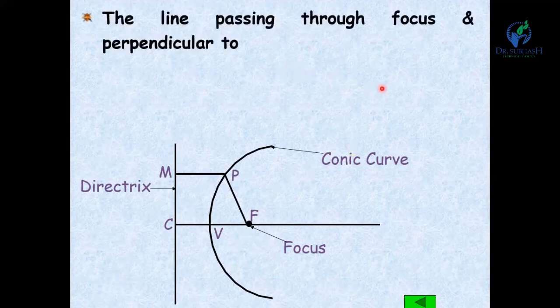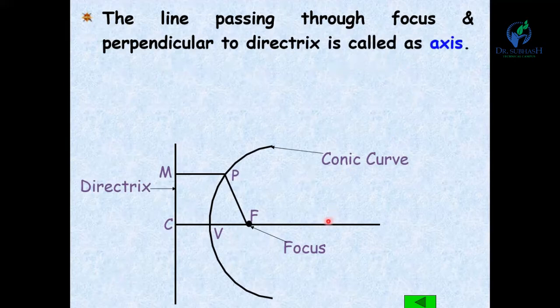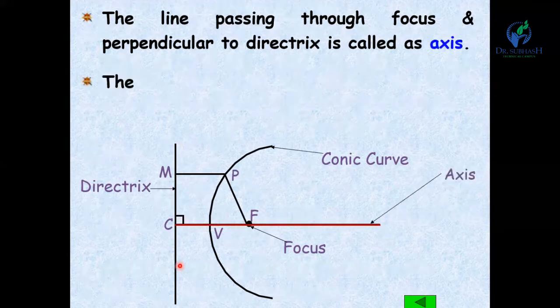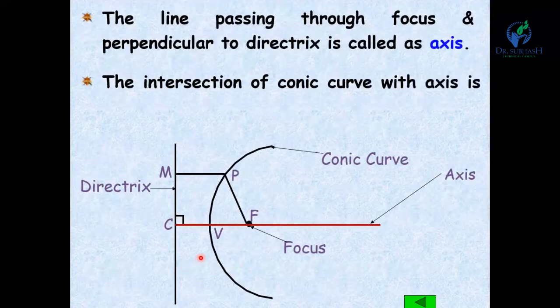The line passing through the focus and perpendicular to the directrix is called the axis. So this line is known as the axis, and it is perpendicular to this directrix. The intersection of the conic curve with the axis is called the vertex. So this point V is known as the vertex.